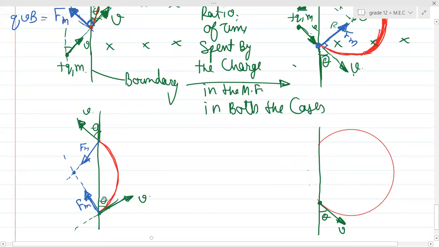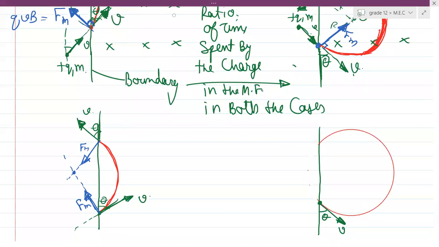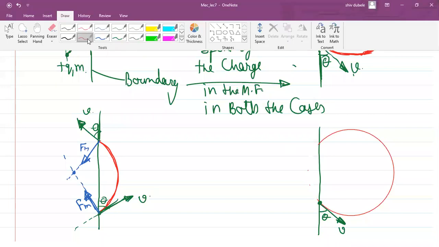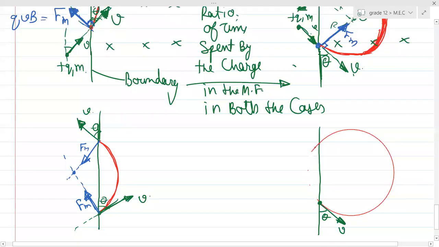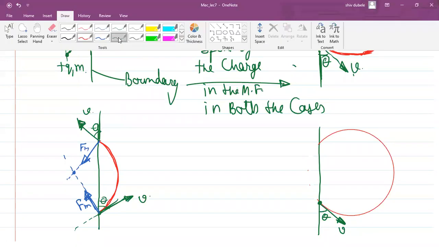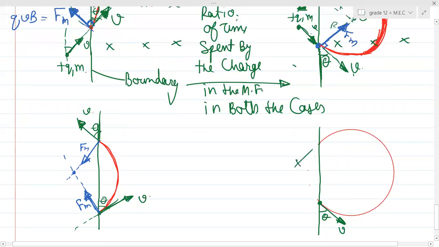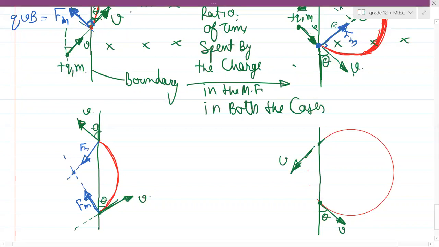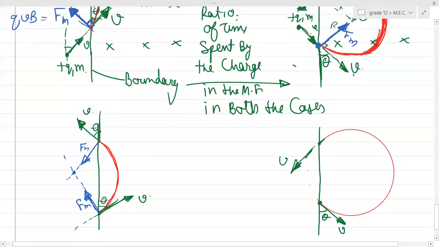Can you understand the cases, guys? Everyone, are you understanding? My drawing may not be that creative, but I try my best to at least tell you what exactly I mean. And what will be the direction of forces in this case?